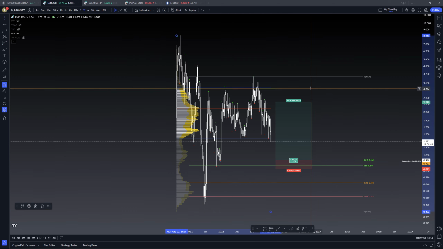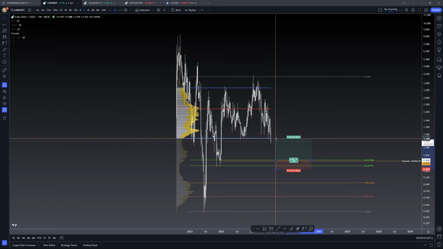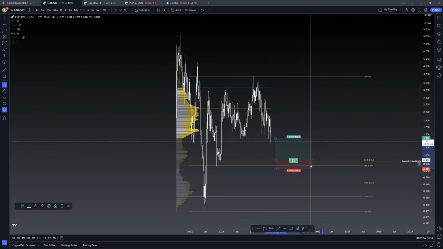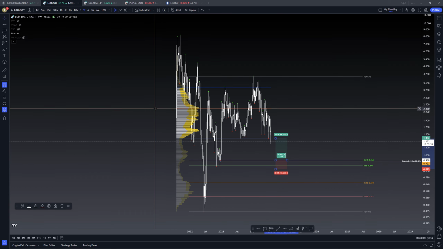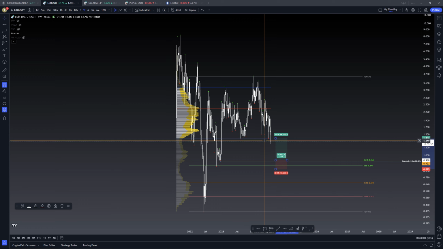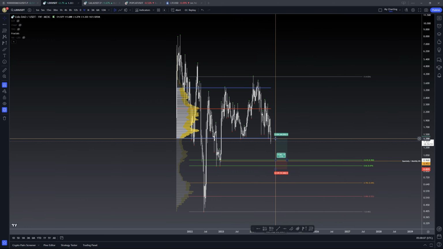So using this global, okay, a couple of options could happen here. I expect this global volume profile to switch on us eventually, but just to show the possibilities here.